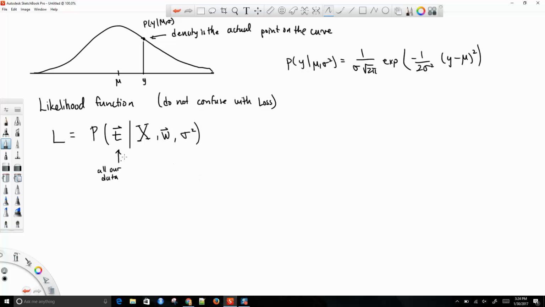It's important that, I guess one condition is that our data, our observations, are independent of each other, okay? Our observations must be independent of each other.